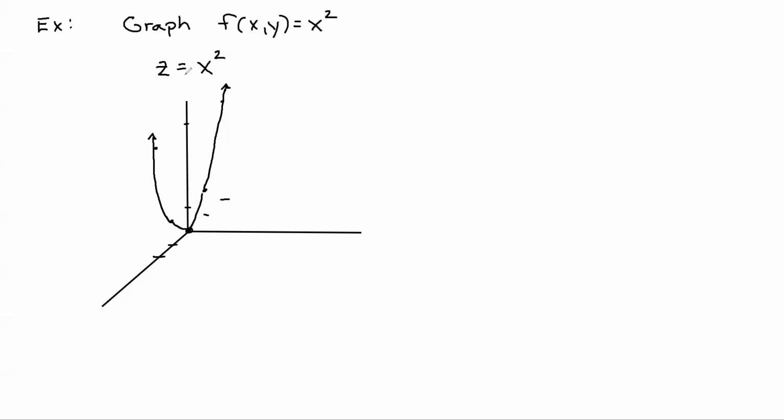And again, this is not the whole graph. We need to take into account the missing y. You need to take this and extend it in the y direction. The way you can do that is just pick a spot here, and draw that curve again as best you can in that spot. Just try to do your best here.